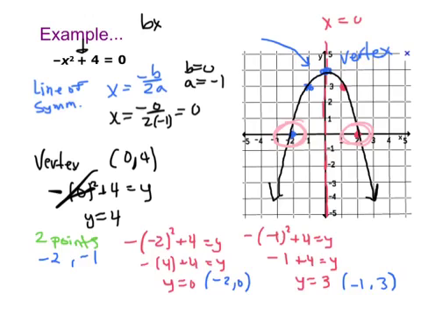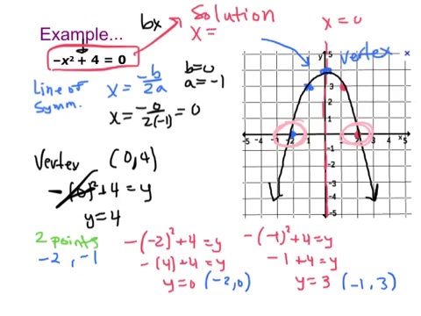And so our solution to our original equation is we have 2 zeros, and so our solution is x equals negative 2, positive 2, because those are the values that we plug into our equation that make it 0. So that's our solution. So that's what we're looking for. The zeros that we find end up being our solution.